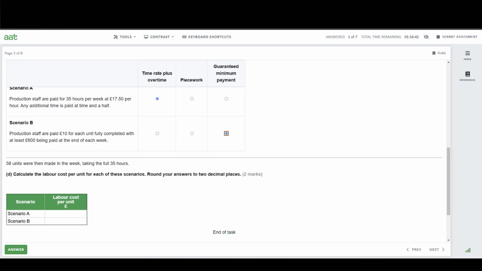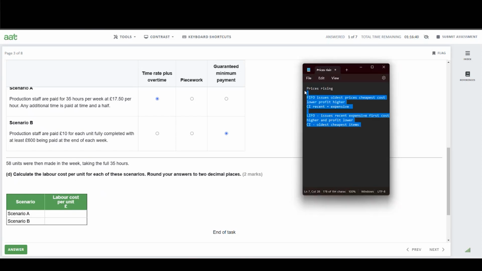Okay, so let's just grab our notepad back up again. Let's get rid of those notes and have a look at this one. So under A, we need to work out the weekly wage first of all, and then we'll divide that by the number of units produced to find our cost per unit.